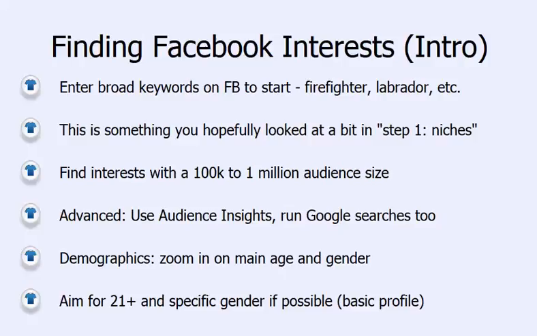But when I say demographics here, we're still thinking on a basic profile level, so really what I mean is a general age and a gender. If you're targeting firefighters, most firefighters I think are going to be 25 and up, so you'd probably put 25 to 50.